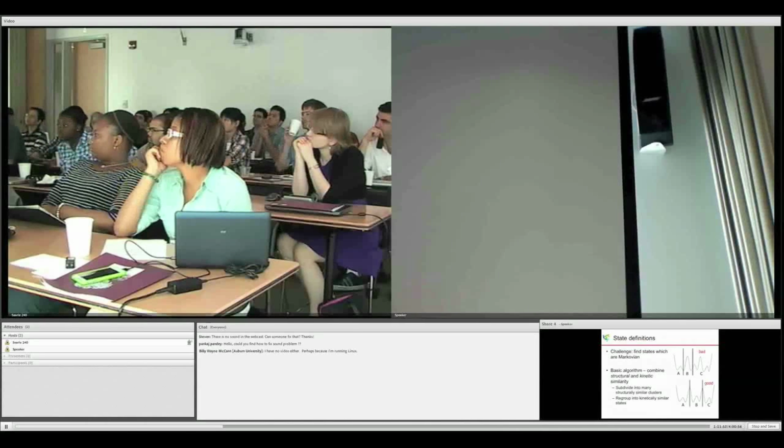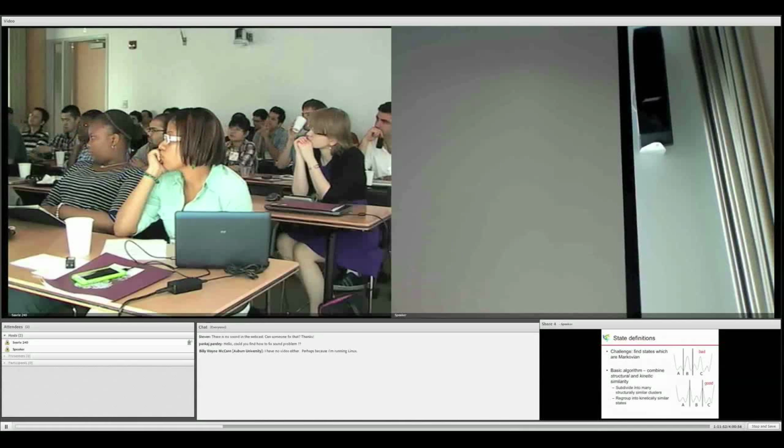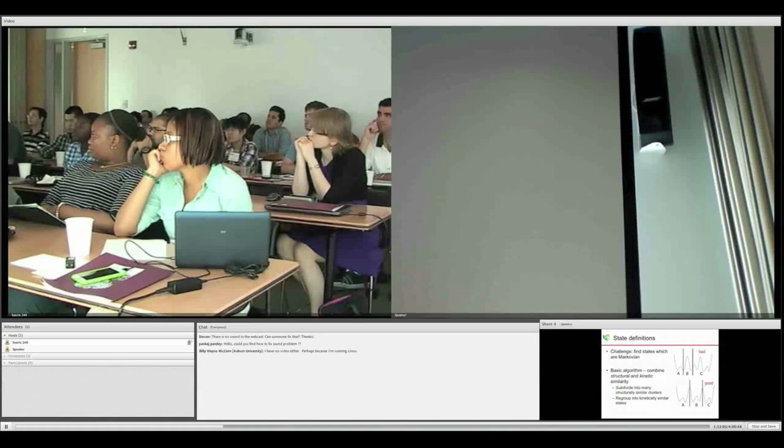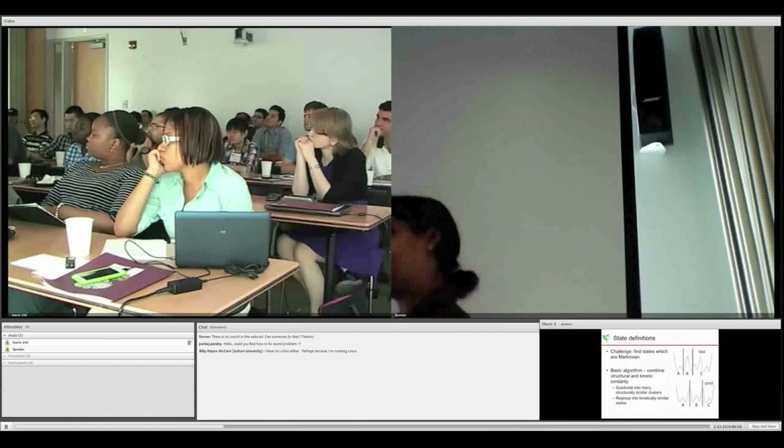Particles that come in from state C are likely to stay in this region, and therefore likely to transition back to state C, as opposed to particles which come in from state A, which are likely to stay in this region and then transition back to state A. So this violates our notion of history independence. The transitions out of state B depend on how they got in. So that would be a bad state definition.